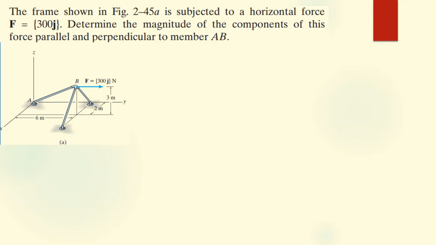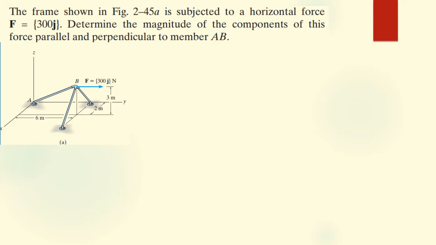So we've been told the force is horizontal, meaning it's in the j or the y direction, because what we have here is in 3D. Determine the magnitude of the components of this force parallel and perpendicular to the member AB.